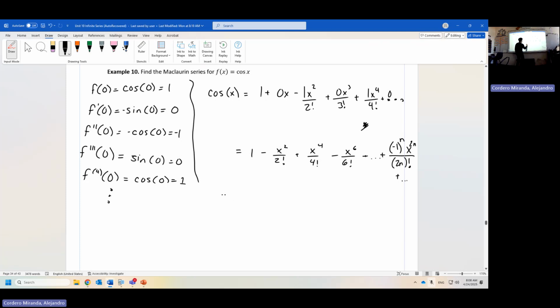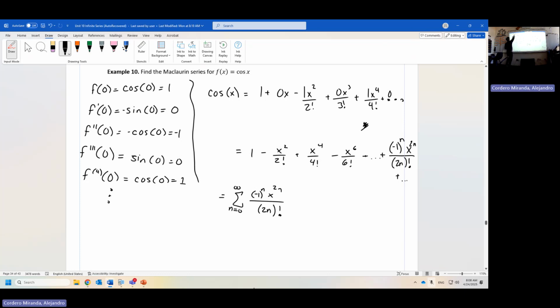or you can put it in sigma notation. Wait. The 1 wouldn't exist then. Personally, it's just 2n. But 2 times 0. But wouldn't that be the sign then? No, watch. You start at the 0th derivative, then that should all work out because then x to the 2n over 2n factorial.